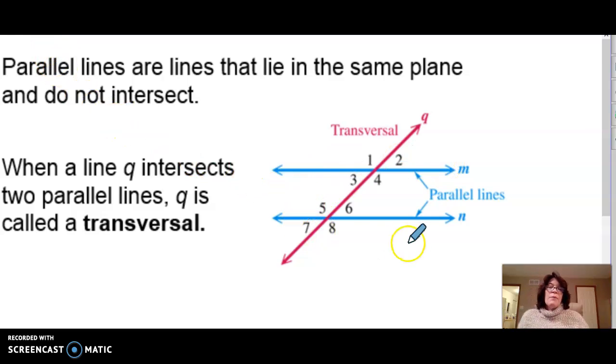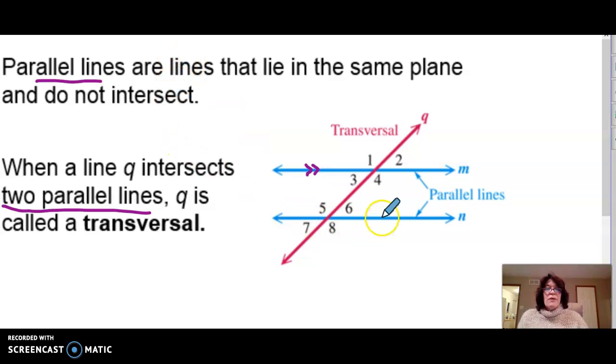Also, when parallel lines are cut by another line, we call this line a transversal. So I have two parallel lines. That's key. We have to make sure that we have two parallel lines, M and N. The way we know they're parallel, a lot of times you'll see a symbol like this.